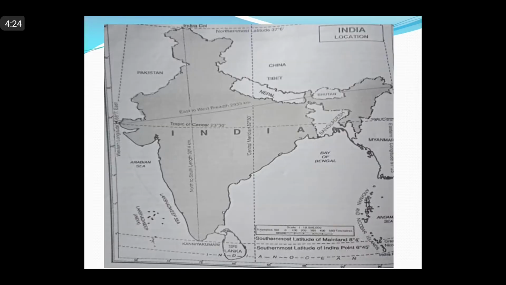The main reason for selecting 82 degree 30 minute east longitude as the standard meridian is that there is a general understanding among the countries of the world to select the standard meridian in multiples of 7 degree 30 minute longitude, so that the time difference between two meridians 7 degree 30 minute longitude away from each other is half an hour, that is 30 minutes.